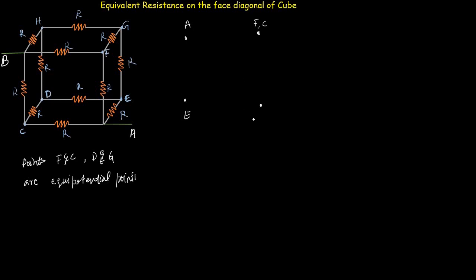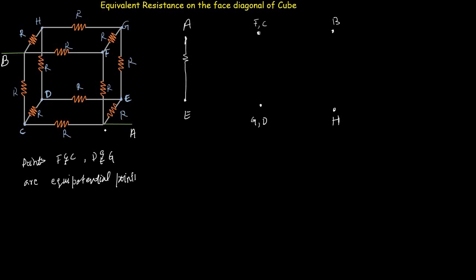Now let's say this point represents point B, and this point represents point H. Now between point A and E, we have a resistor R.